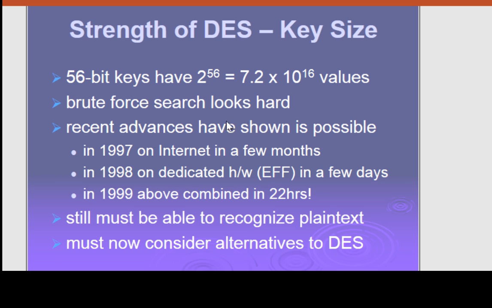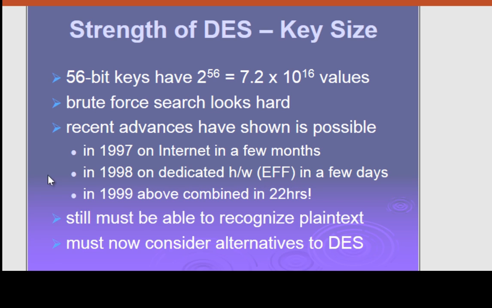Brute force search is not at all easy, but recent advances have shown that in 1997, over the internet, an attack succeeded in just a few months. In 1998, the Electronic Frontier Foundation succeeded with dedicated hardware in a few days.